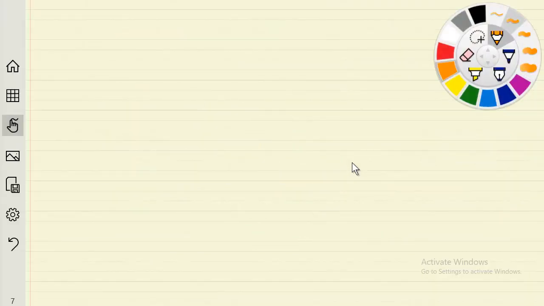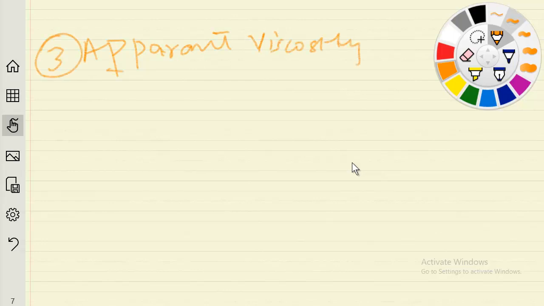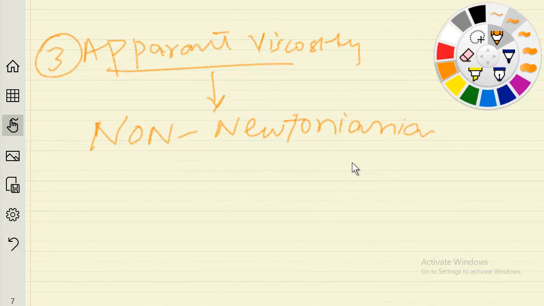There is also one more type, which is called apparent viscosity. Apparent viscosity is only related to non-Newtonian fluids whose viscosity changes with applied shear rate.